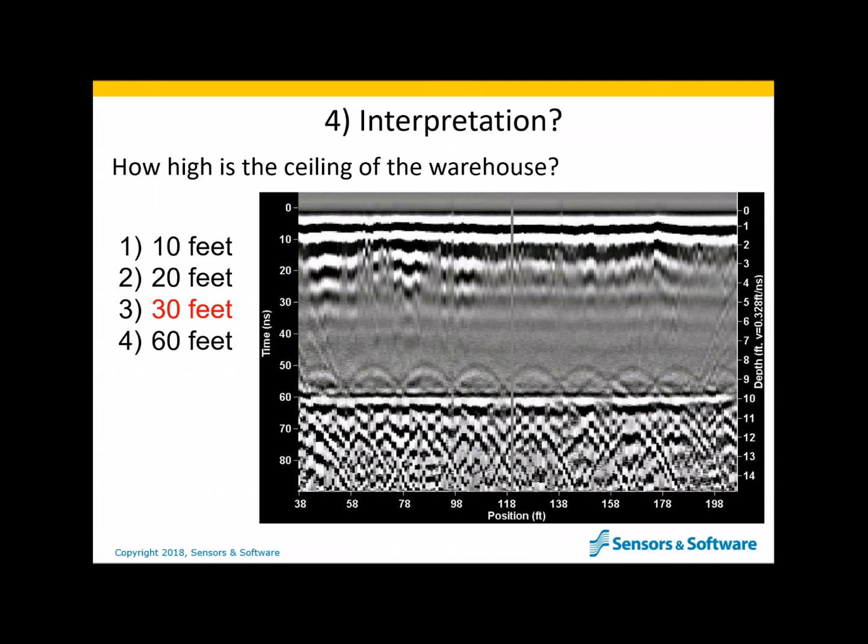The way you're supposed to do it is remember that the speed of light is 1 foot in 1 nanosecond. So you go to the time scale, you look at the time the reflection occurred, and you take half of that. So 60 nanoseconds divided by 2, 30 feet. That's the correct answer. Hopefully you followed that.